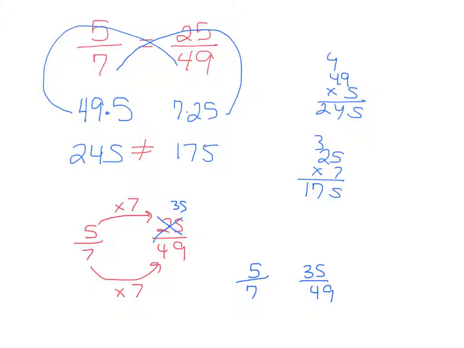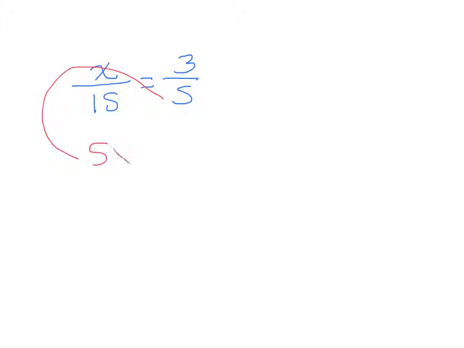And what we're going to do is take a look and say, what out of 15 would equal say 3/5? I could use the cross products. 5 times x equals 15 times 3, which is 45.